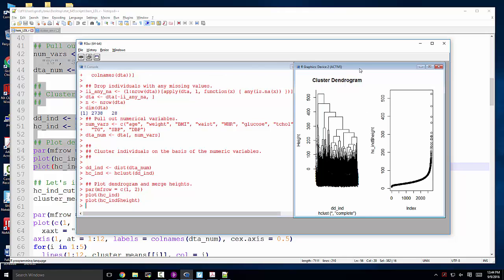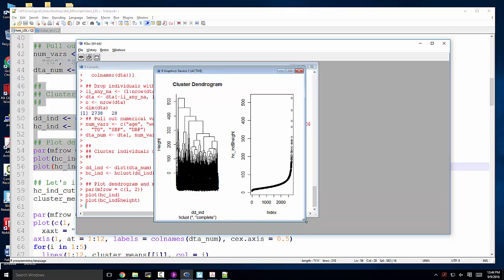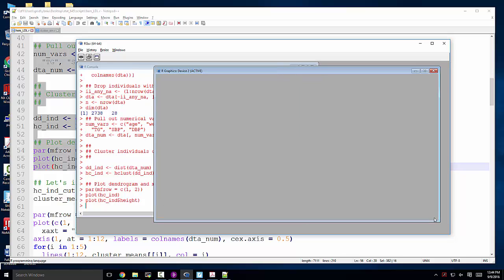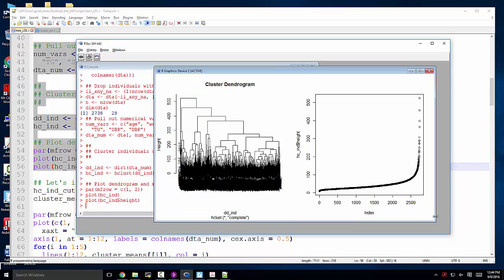Okay. So we've already talked about this a little bit, and the things you want to think about when you do clustering are how many clusters there are, if there are any, and we think about that in terms of a combination of just visual inspection of the dendrogram together with the picture of the merge heights.